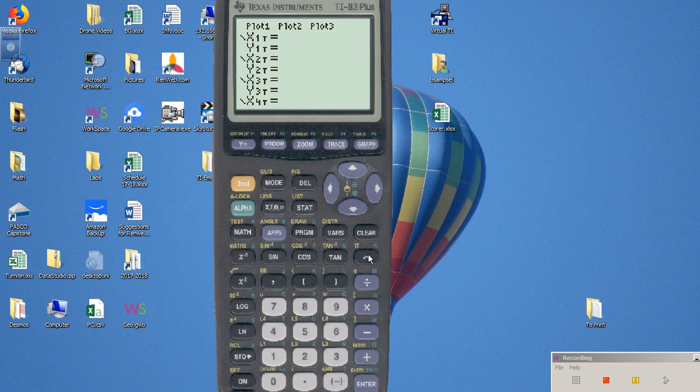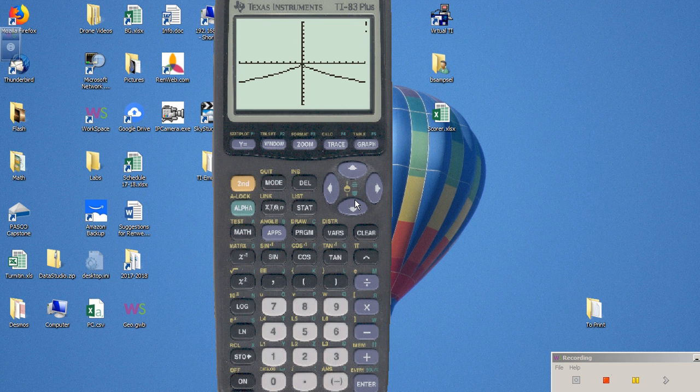I'm going to do t to the third, and say negative t squared. I don't know what it's going to do.